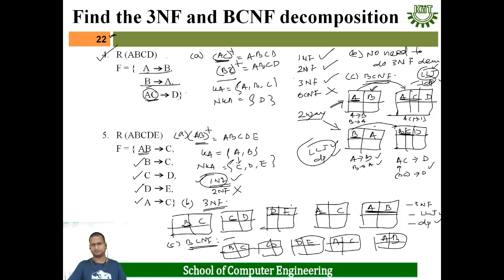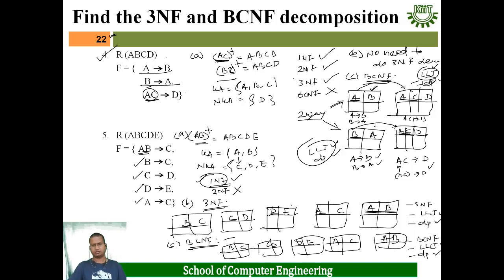That means it is in BCNF now. Then lossless join property will be satisfied in this case. Common attribute is there, and check for dependency preservation. Here no FD is violating dependency preservation.